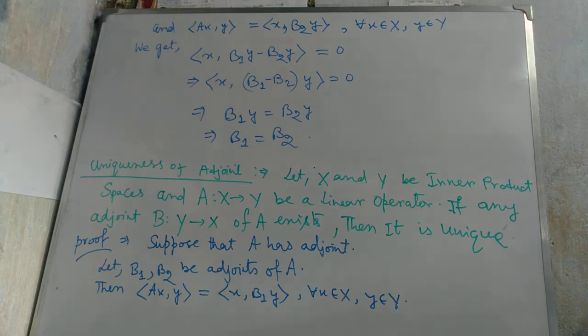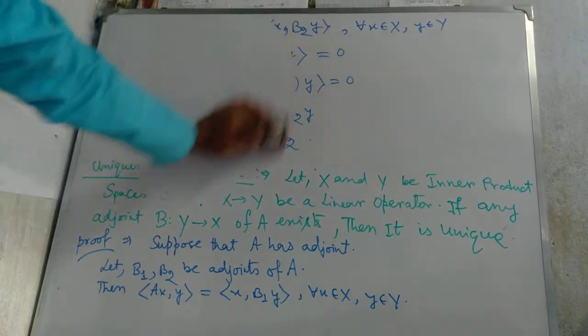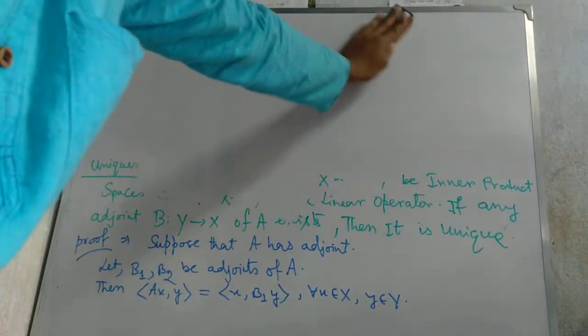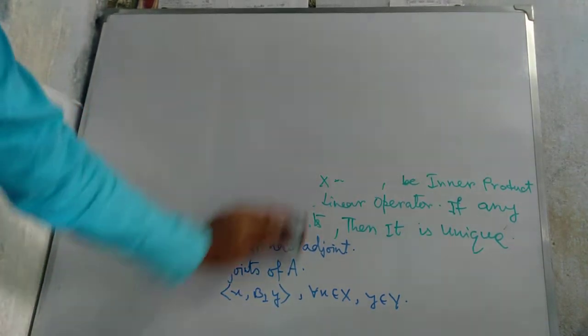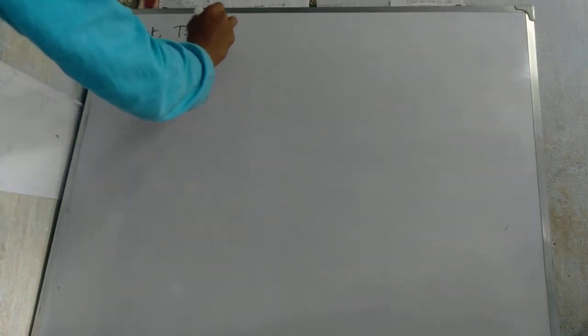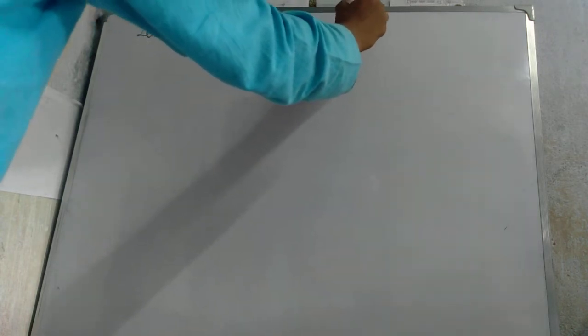Next we erase this portion and go on to discuss another thing about this adjoint. Let T: X to Y be a linear operator.